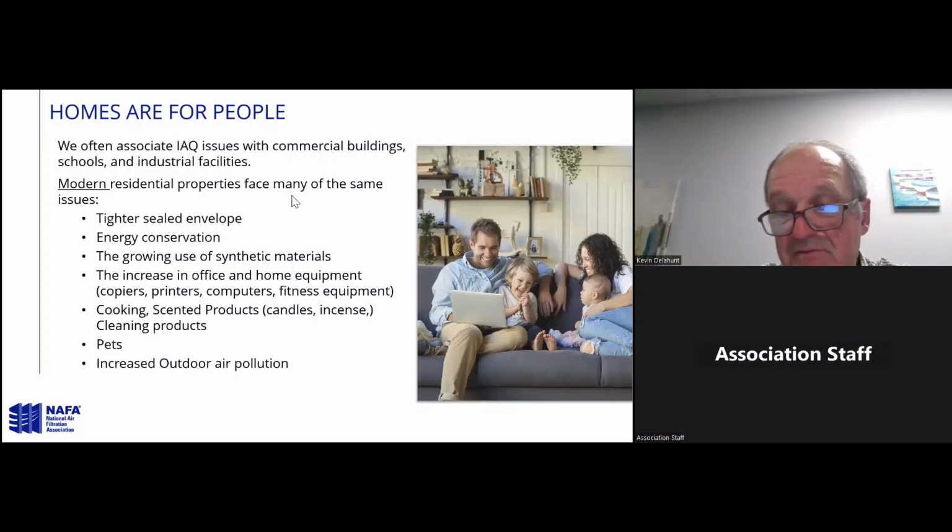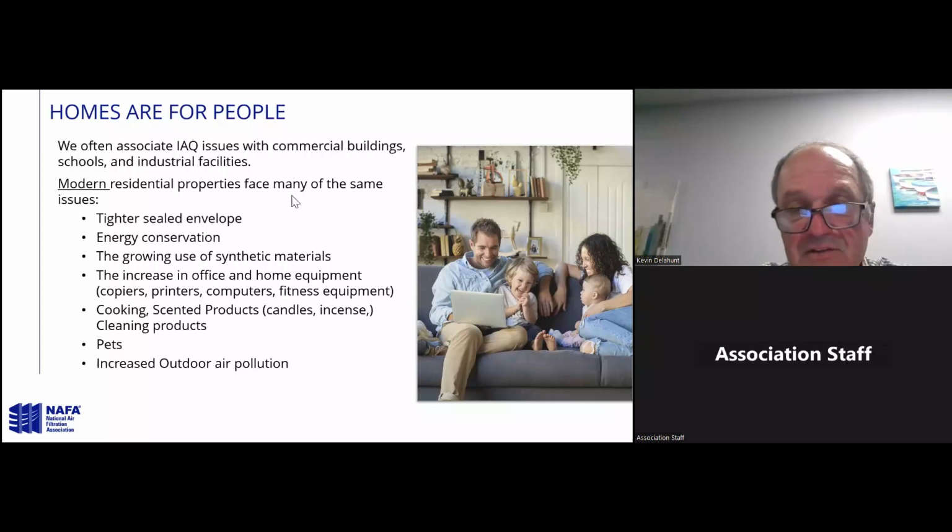Much tighter sealed envelopes. You see the Tyvek wrap, almost Saran-wrapped around the building to eliminate any air coming in through the envelope. They're built for energy conservation, so tighter windows, tighter doors, just a tighter envelope. More synthetic materials are used, which can off-gas and cause indoor air quality issues inside.